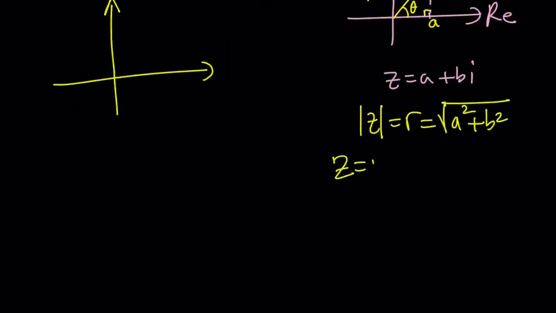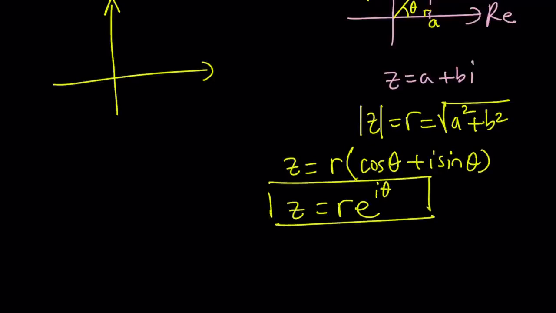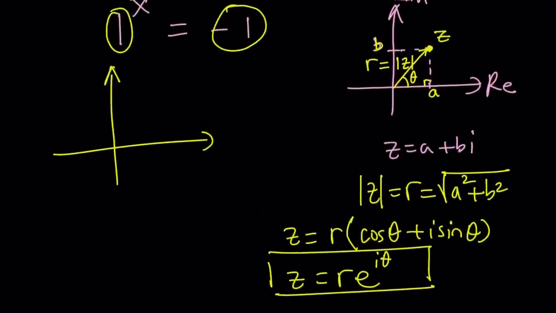So we can write this as r times, I should probably write it here where we have more room. So let's go ahead and write z as r times cosine theta plus i sine theta. I'm not going to go into the details of this, but you can also write this as r times e to the power i theta. This is a more compact form thanks to Euler, which we can use to write complex numbers.